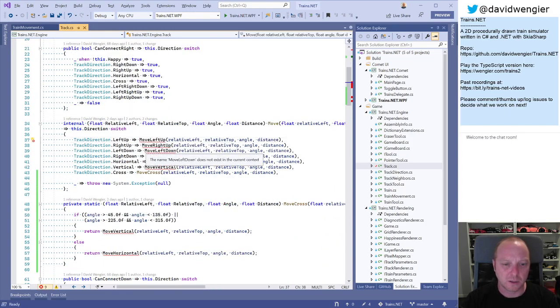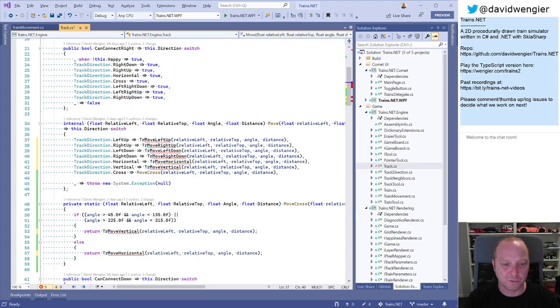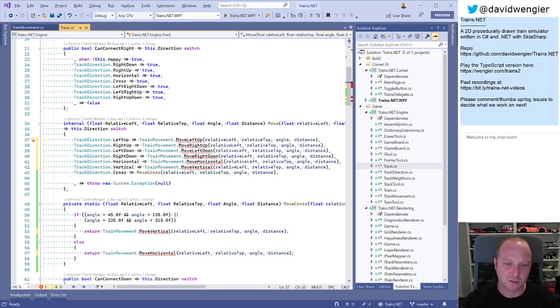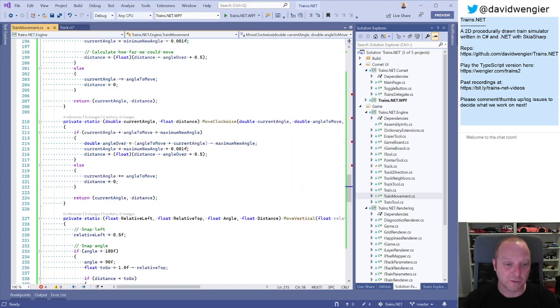So we just get a bunch of cursors. Oh, and two more. And we type in train movement. That should all compile now. No? No, because they're still private.